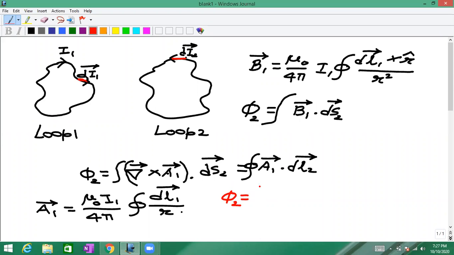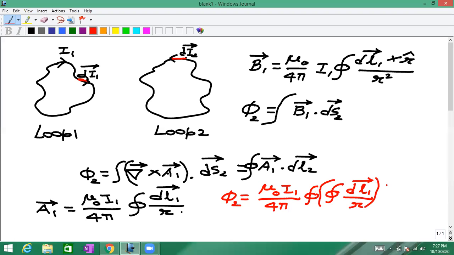Phi2 is equal to mu naught I1 by 4 pi, closed integration dl1 vector by r, dot dl2 vector. So this is the expression of phi2.